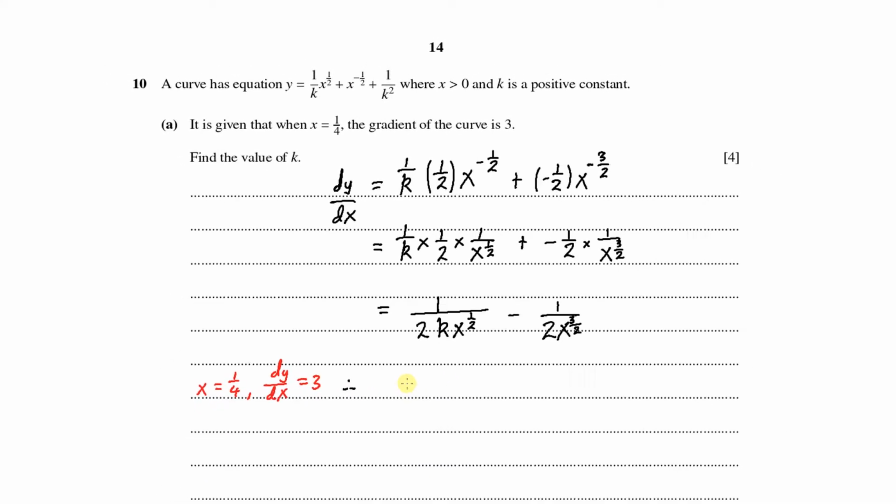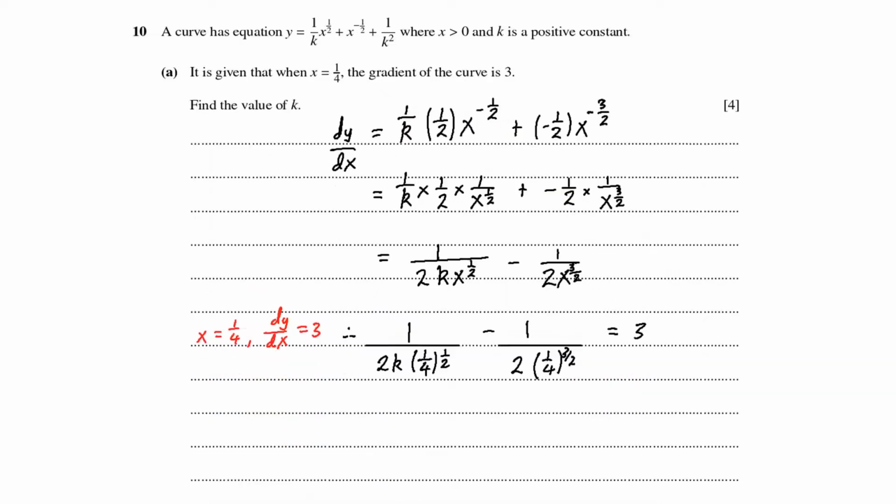So therefore, this means we'll be having 1 over 2k of x to the power of a half, which is a quarter to the power of a half. And that's minus 1 over 2 of x, which is a quarter, to the power of 3 over 2. And this should be equal to 3.